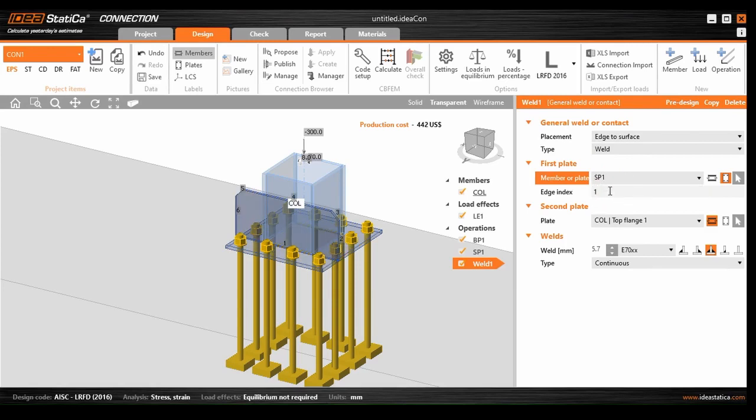Look at the connection in transferred mode. As you see, edge number 4 is aligned with the web of the column. So choose 4. In the second plate part, choose column web 1.